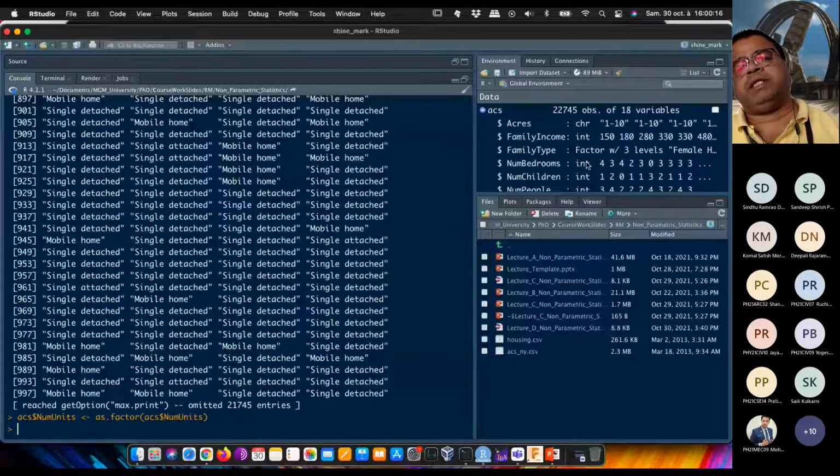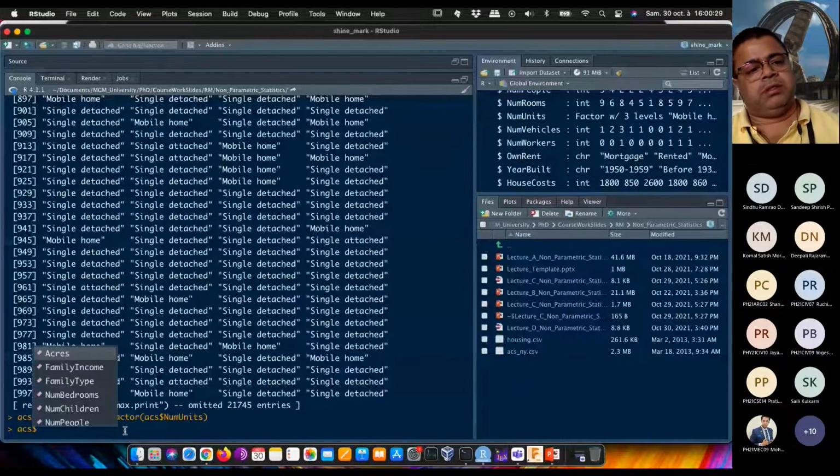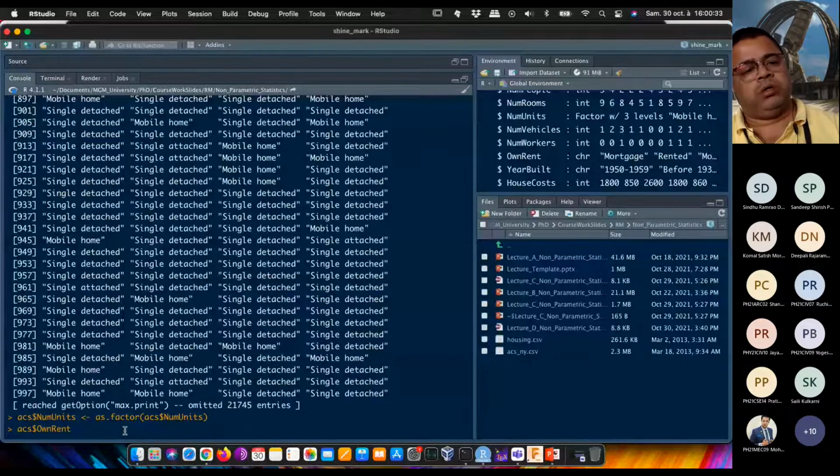Now, own rent is also here, which is a character field right now. So I'll do the same thing with own rent. You remember, either it is owned or it is rented or it is mortgage, that kind of thing. So as.factor ACS dollar own rent.